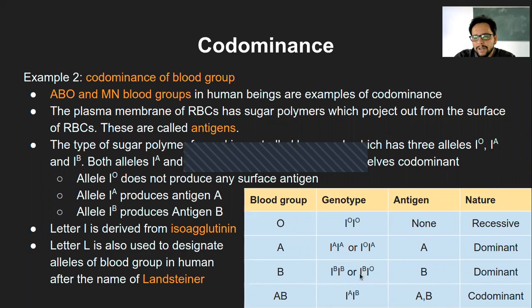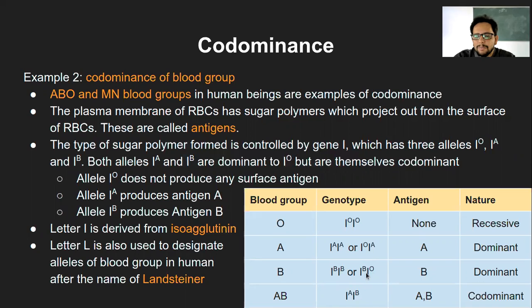Again B being dominant, it will express, and O will be the recessive one, so it will still be B blood group. And AB can have IA and IB, so it is a heterozygous individual, but both are codominant and express the antigens A as well as B. So the blood group system is one example of codominance.